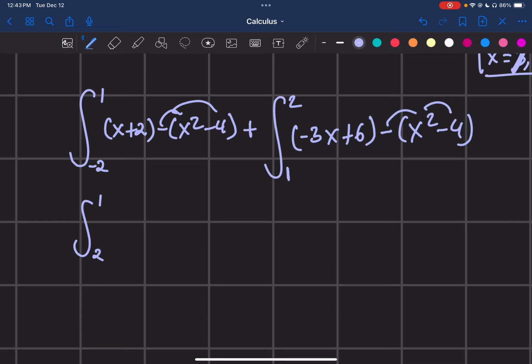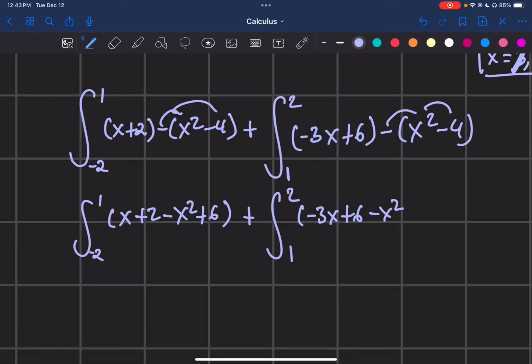the integral from -2 to 1 of x plus 2 minus x squared plus 4, plus the integral from 1 to 2 of -3x plus 6 minus x squared plus 4.